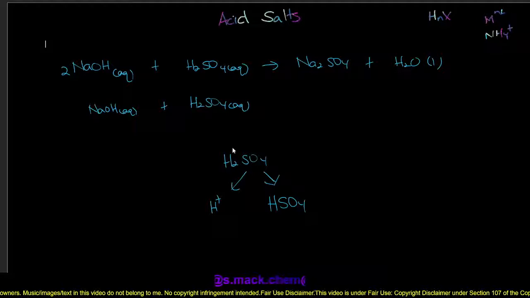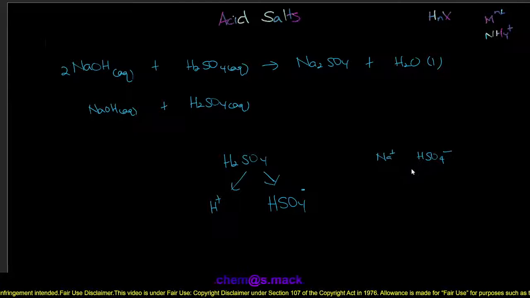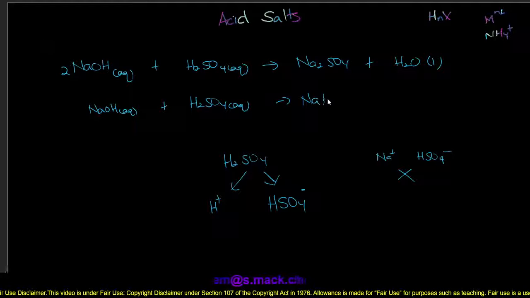And remember, sulfuric acid was a neutral molecule. So this means if I take out an H plus ion, the charge on the rest of the molecule would be a single negative charge. So if sodium ions are combining with HSO4 minus ions, the formula of the salt to be formed would be NaHSO4.